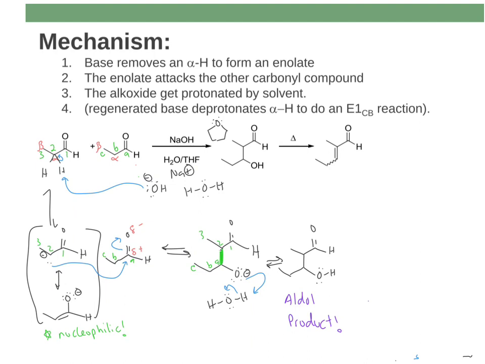But let's just say that we do. So I'm going to add in here slash, I'll say 50 degrees Celsius, something to indicate that something's warm. So if it's warm, now what I'm going to do is the next step, this fourth step here, where I still have an alpha hydrogen here. That's still a relatively acidic alpha hydrogen. Let me draw that a little bit better.